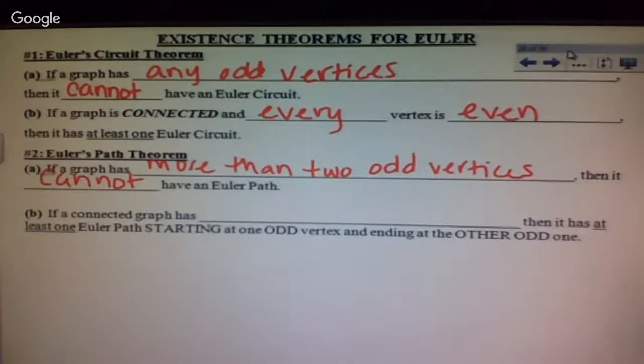And again, I can say that in a different way. I can say if a connected graph has exactly 2 odd vertices, then it has a path starting at one odd vertex and ending at the other.